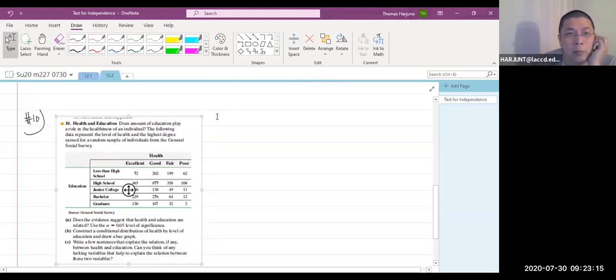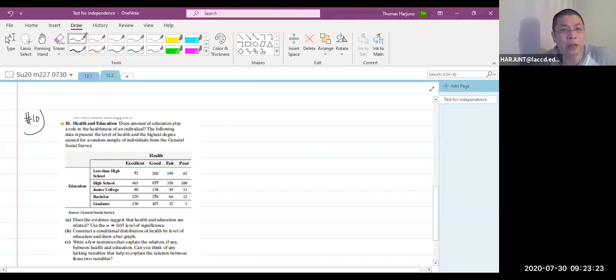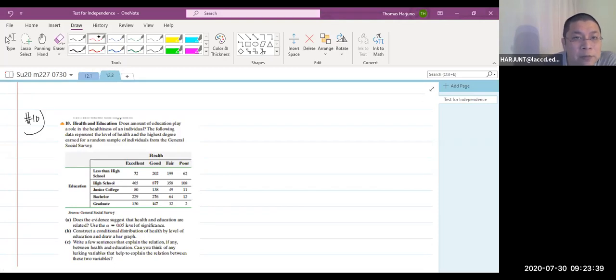Okay, does amount of education play a role in the healthiness of an individual? The following data represent level of health and the highest degree earned for a random sample of individuals from the General Social Survey. We have this data here. What will be the degree of freedom, Thomas, if I do it by hand?